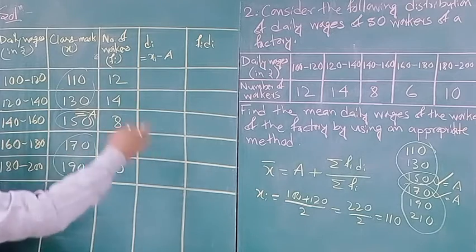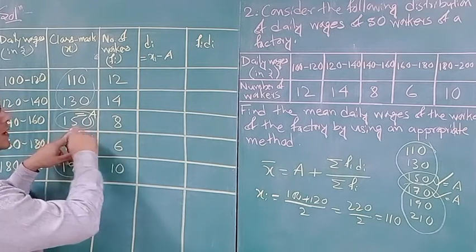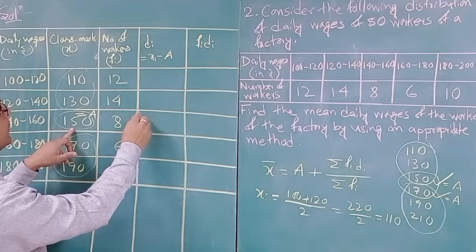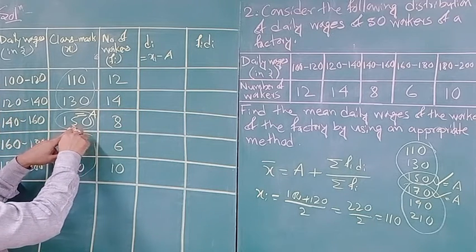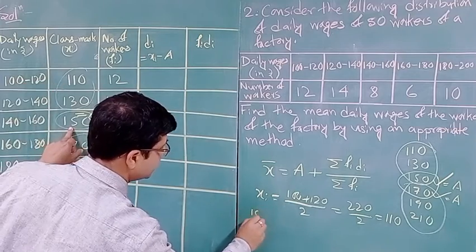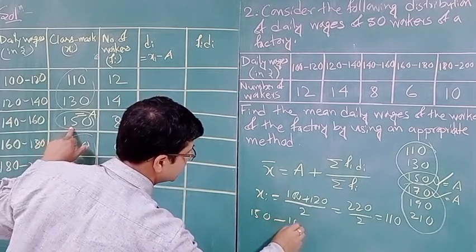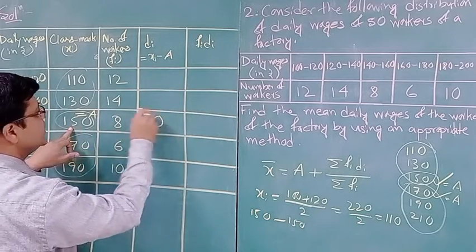Okay, now let us fill out the table. At first let us start from here. It will be nice if we start from here because for this one, what is di? Xi minus a, 150 minus 150 is how much? 0. So this is always going to be 0.